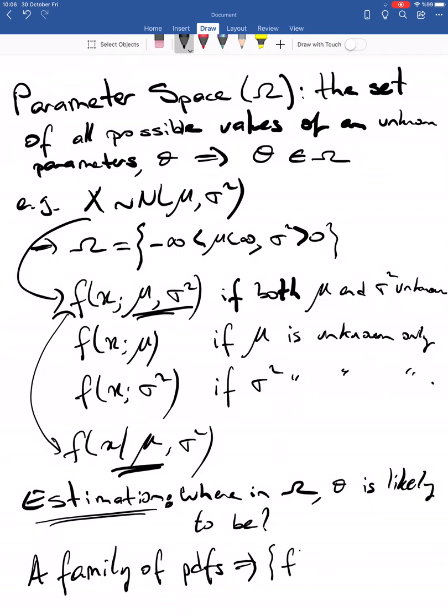This means that we know the form of the PDF. It's a gamma type or exponential or normal type. But there are infinitely many numbers for the parameters. For each theta we have one member of the family. So when we consider all possible values of theta, we have a family of PDFs.